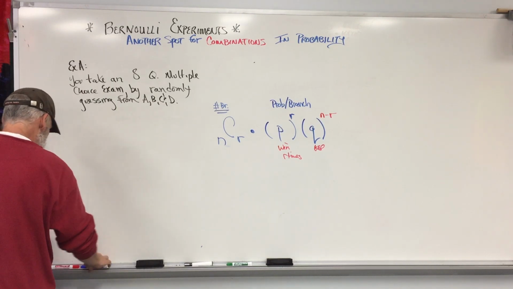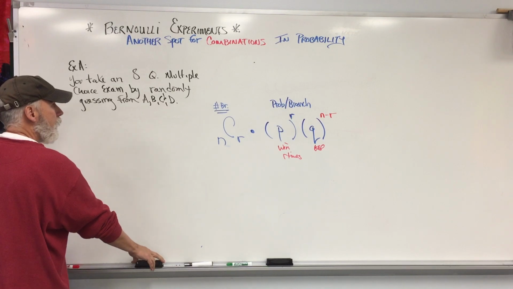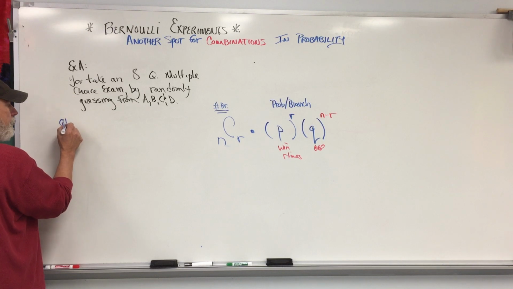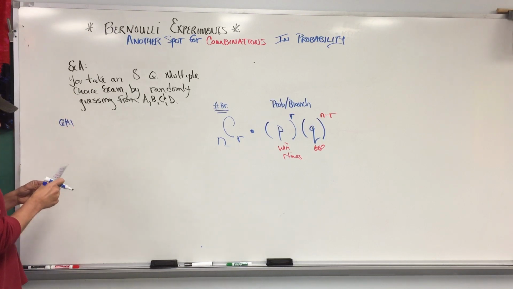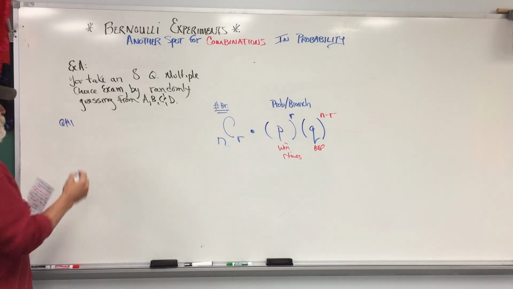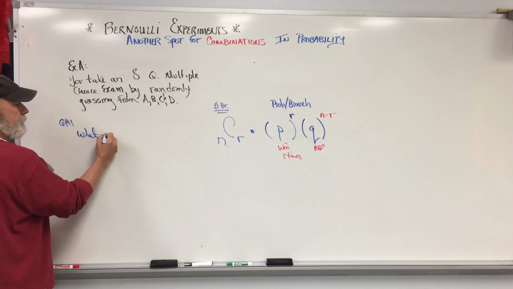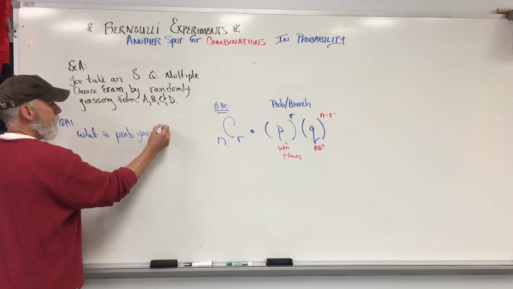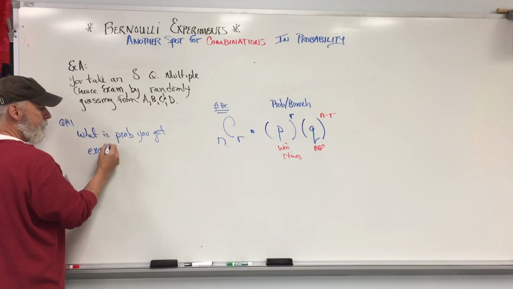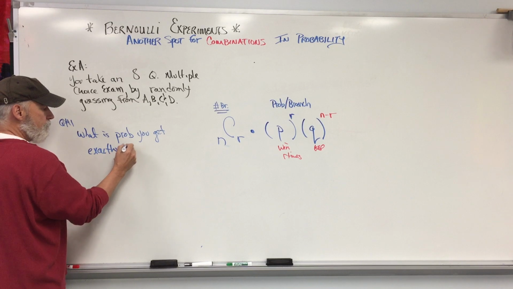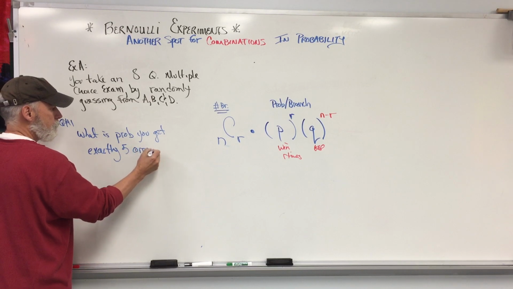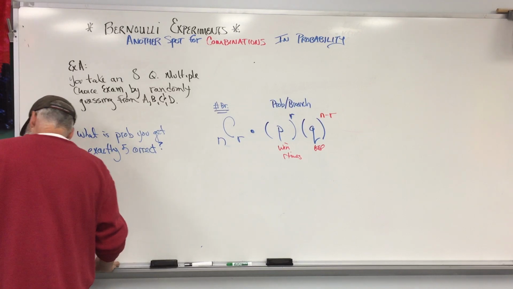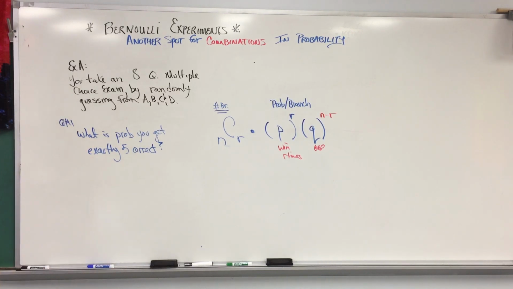So our first question here, keep the formula there for a minute. So question 1 will be, what is the probability you get exactly 5 correct? That's what we're asking. What is the probability that you get exactly 5 correct?